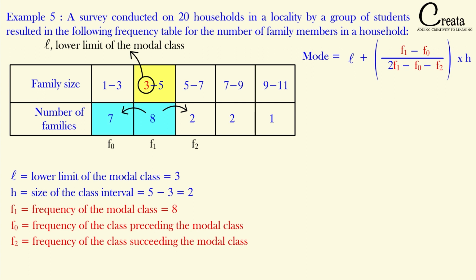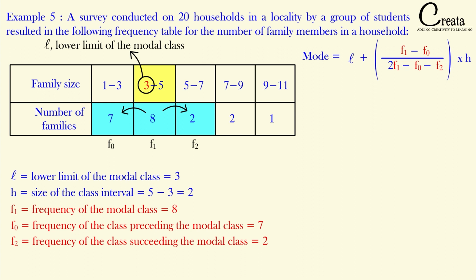Here the number 7 is F0 and the number 2 is F2. Got it? You can observe this in the sequence F0, F1 and F2. F1 is the modal class frequency, which is the maximum frequency. The frequency before F1 is F0, and the frequency after F1 is F2.